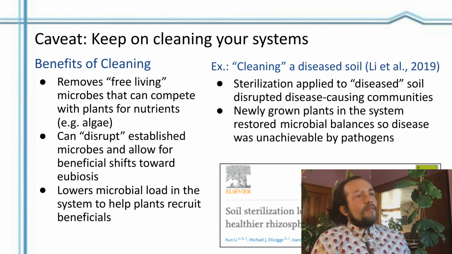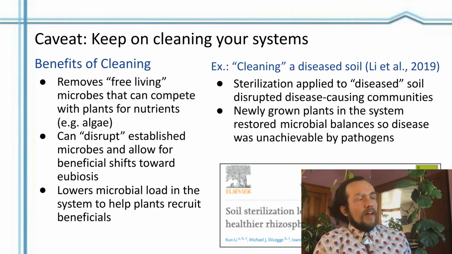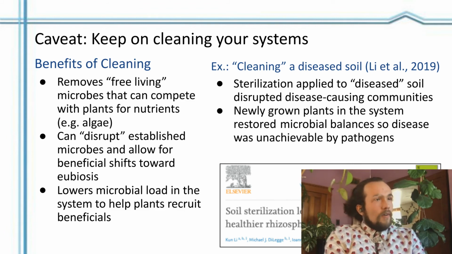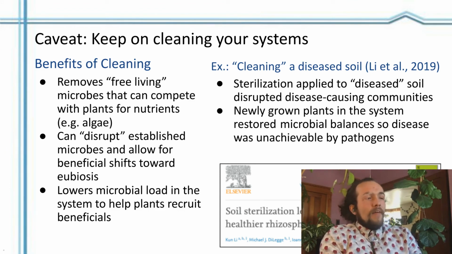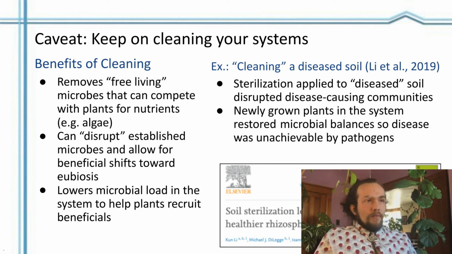One example authors showed from a study in 2019 was that moist heat sterilization was applied to a diseased soil, which was able to reduce populations of disease-causing microorganisms. And then when plants were grown in those soils after sterilizing or disrupting them, the newly grown plants were able to restore microbial balance, or eubiosis, in the soil.